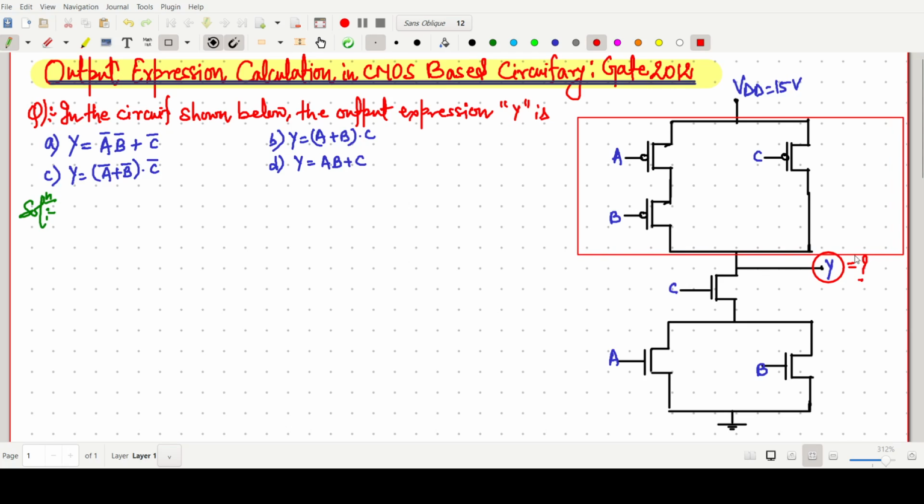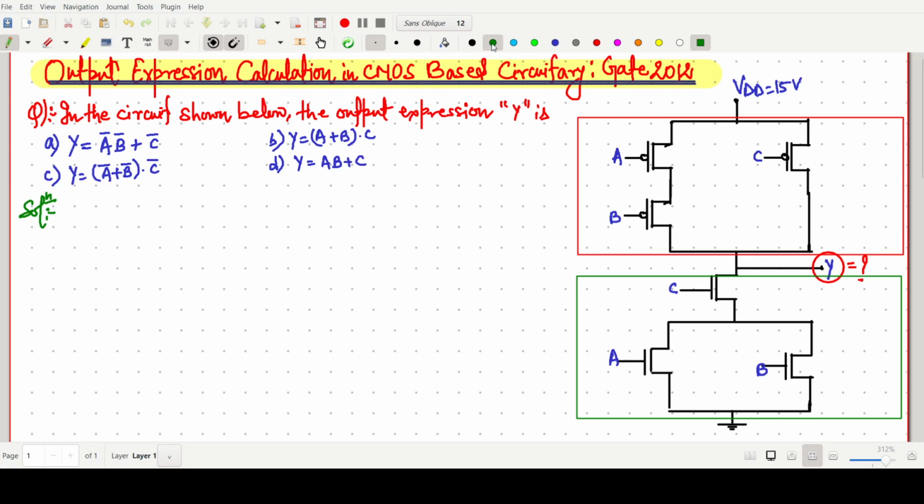This one is our pull up network, and the below one we can say is the pull down network.